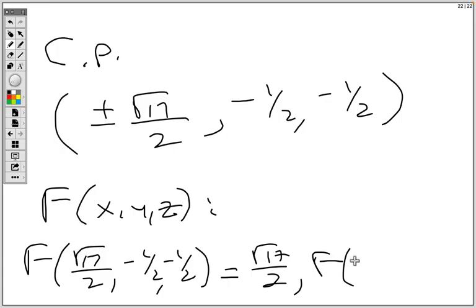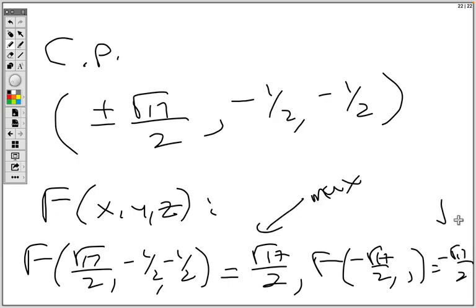And if I plug in the negative, I'll get the negative root 17 halves. So that must be the max, and that must be the min. And so when I fire up Desmos, I should be able to plug in those points, and those points should be the extreme values where those two surfaces intersect, at least extreme as far as the x is concerned.